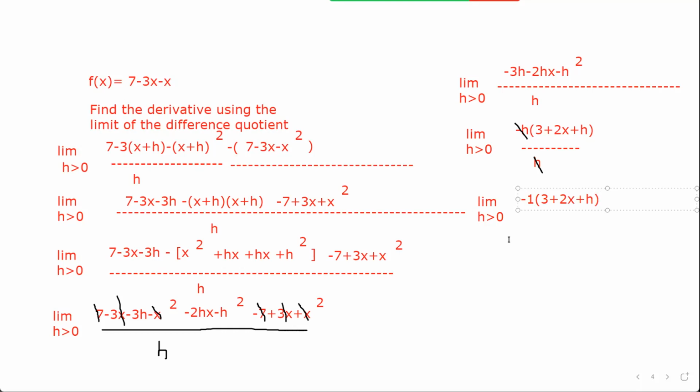Now can I find the limit? Yeah. How do I do it? Just plug in 0. Now, this is where sometimes students get stuck. They plug in 0, but they plug in 0 for x. Don't do that. h is approaching 0.